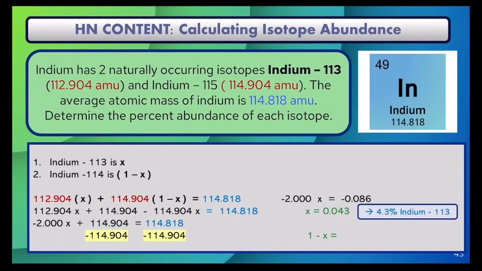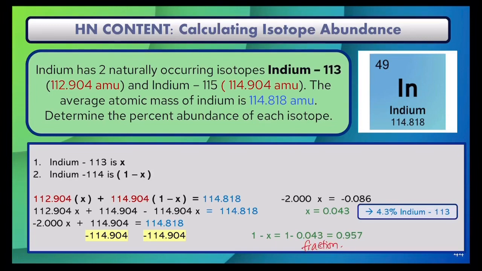Now that we've solved for indium-113, which is x, we're now going to solve for 1 minus x. So all we need to do is plug in the 0.043 into the x value there and subtract from 1. And when we do that, we get 0.957. Once again, this is the fractional abundance.